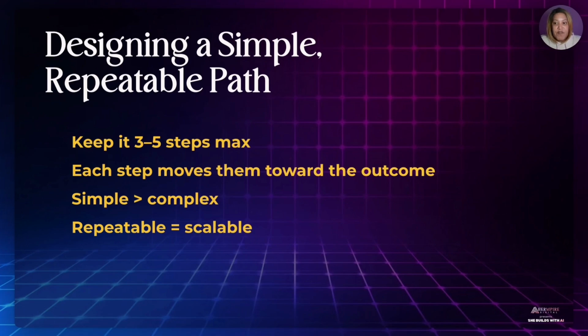A great offer has a simple, repeatable path, usually 3 to 5 steps. You do this, then you do this, then you do this. It can be as simple as the downloading of a pattern. Okay, don't think you got to have a course or this big thing to have a repeatable path. See, this is where the mind plays tricks on us, right?